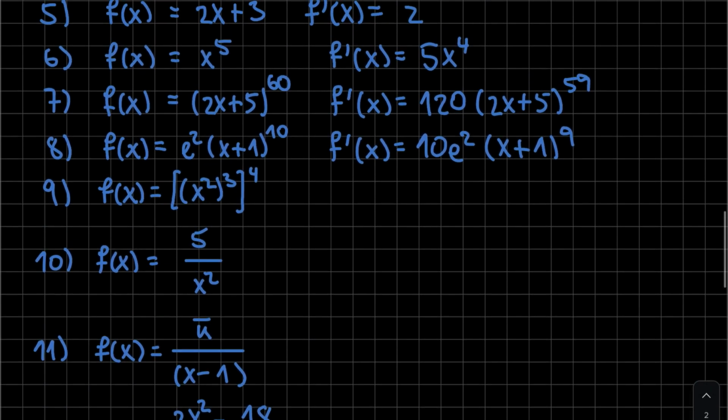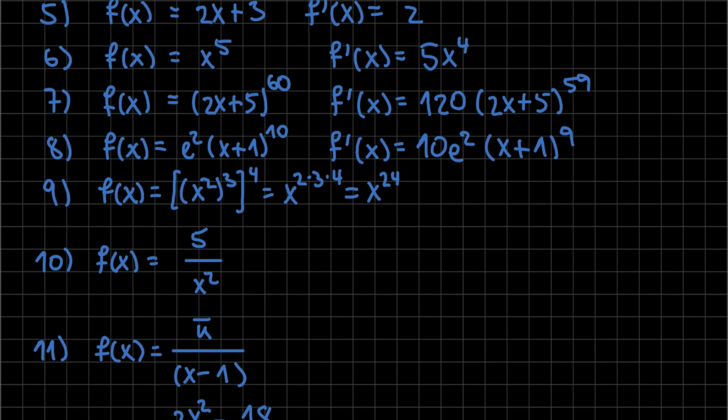Okay, next up, we have a function which is equal to (x squared to the power of 3), all that to the power of 4. And we can use exponent laws to rewrite this as x to the power of 2 times 3 times 4, which is equal to x to the power of 24.